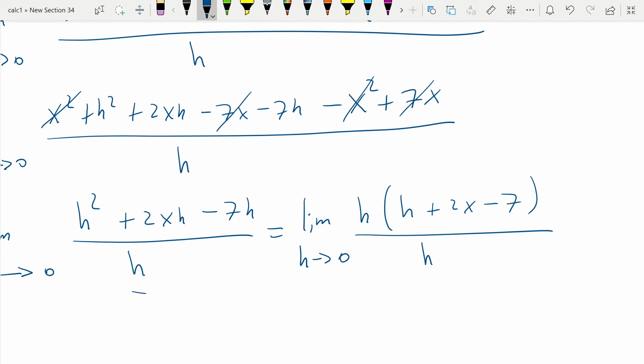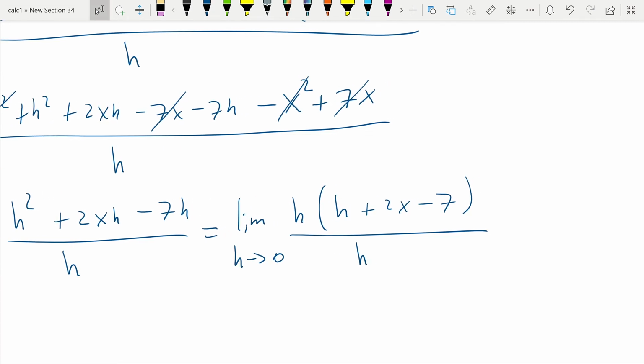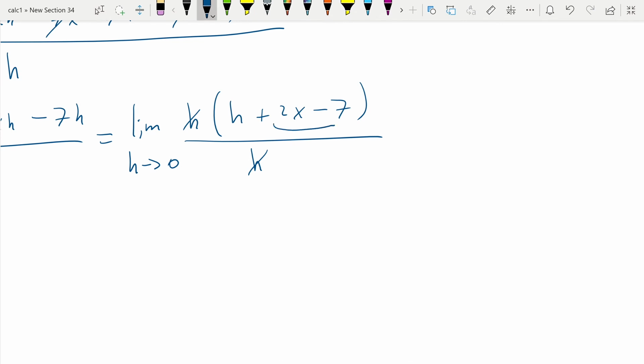That's the same thing here. So we have to keep dividing by h every time. But now, remember, h is not 0. We already know that. And so we're just taking the limit when h goes to 0 of h plus 2x minus 7. 2x minus 7 actually remains the same because those two quantities don't depend on h, but h goes to 0.